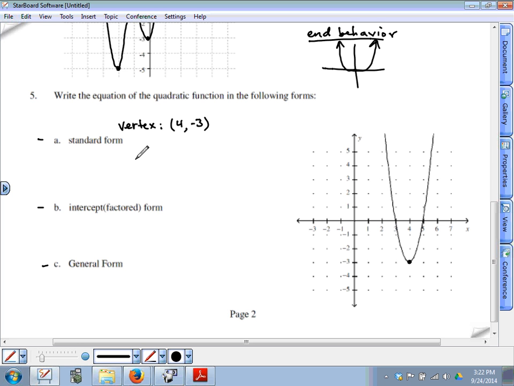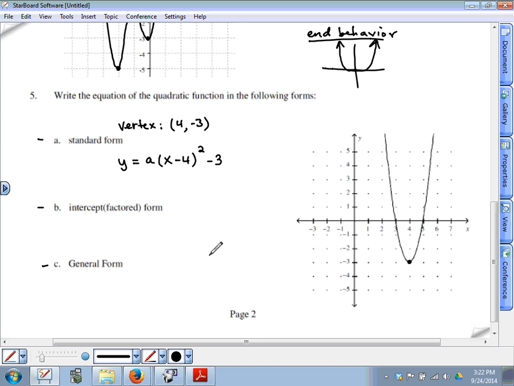So that means in standard form we're going to have y equals a times x minus 4 squared minus 3. What we don't know is the value of a, because it appears that this graph is a little bit skinnier than normal, which means that a is not 1. A might be 2, it might be 3. We need to find the value of a.